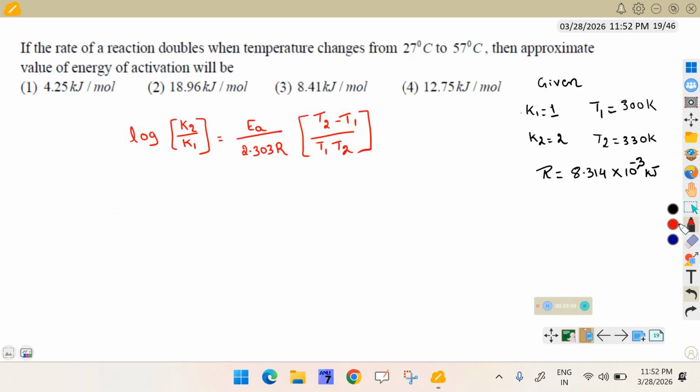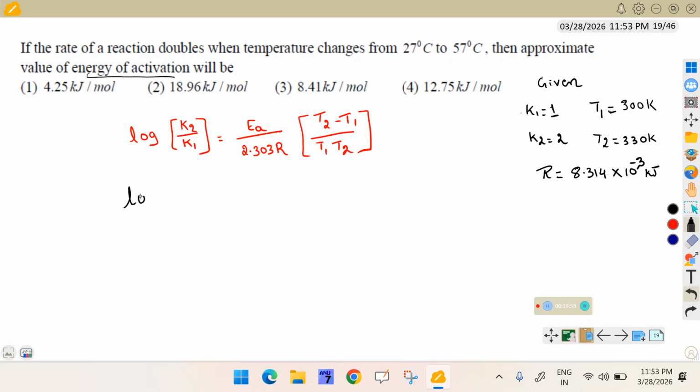The rate of reaction doubles, that means initial K1 value is 1, K2 value 2. When temperature changes from 27 to 57 degrees Celsius, find the approximate value of energy of activation. Calculate the activation energy.